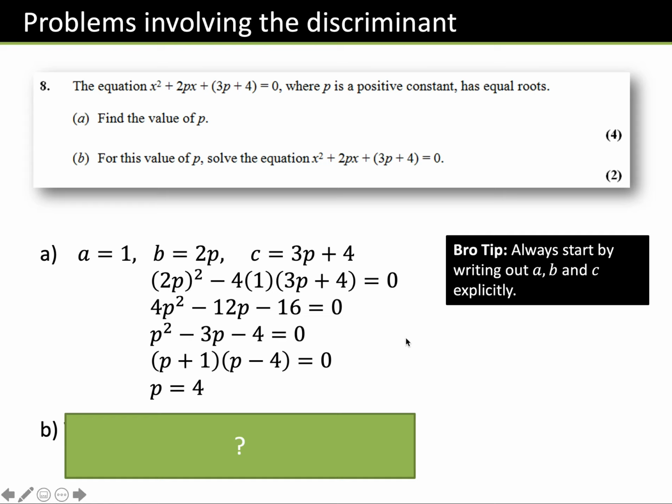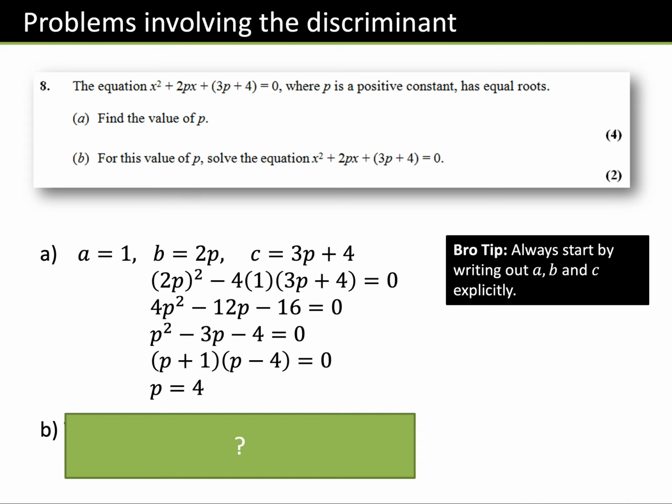So you get 2p all squared minus 4 times 1 times 3p plus 4 equals 0. So 4p squared minus 12p minus 16 equals 0.